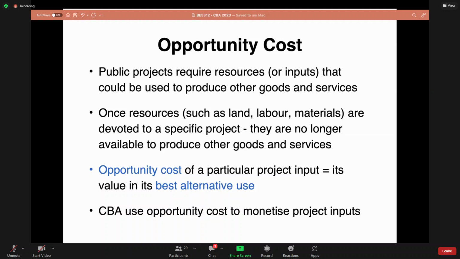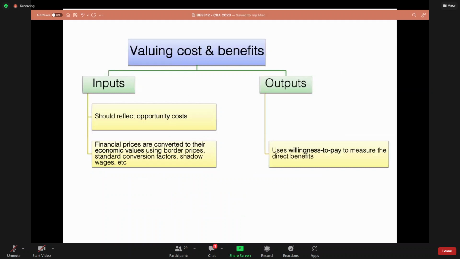If we didn't use it in this particular project, what would be its value in its best alternative use? So the project inputs, the things that we put into the project, land, labor, materials, everything else, we value using these opportunity costs.